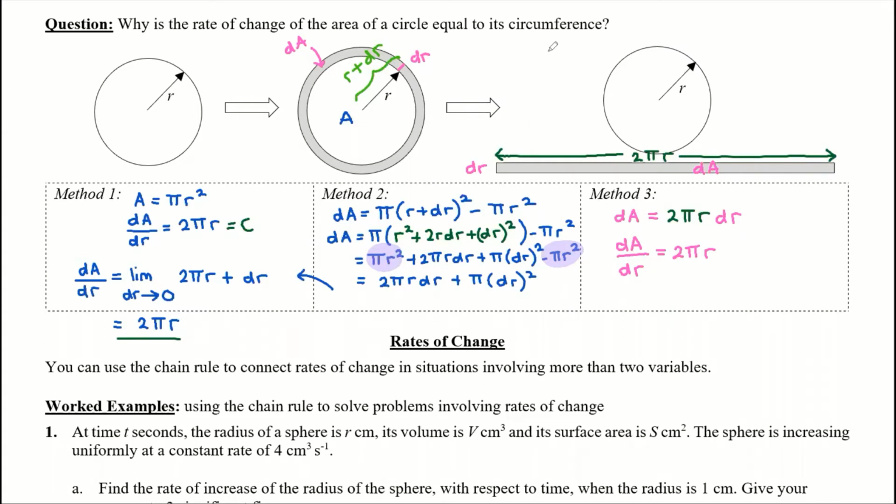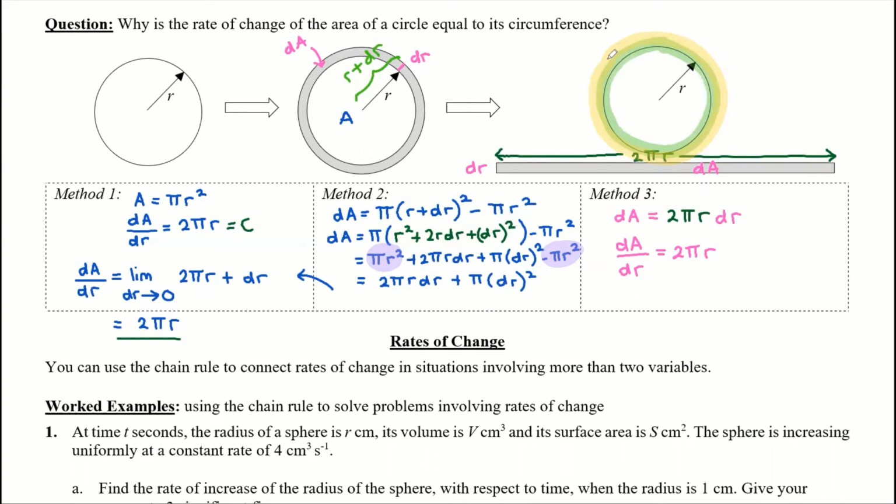And it's going to increase as if you were adding an extra layer of paint or something around the edge. So I'm going to add another layer, and then you add yet another layer around that, and so on and so on. You keep going and going, and the circle grows and grows and grows. And that's why it's the circumference, because it's the circumference that is growing essentially.